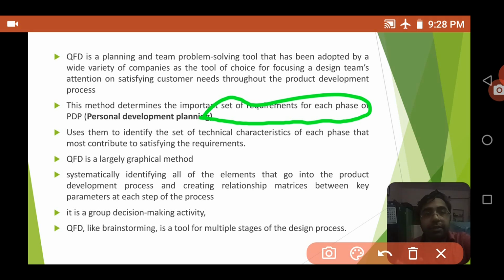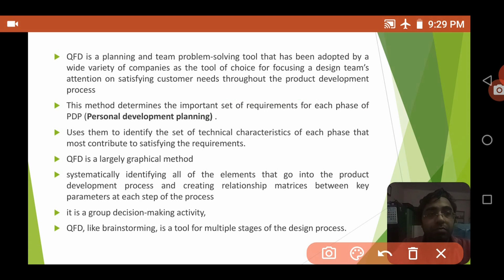And it is also a group decision making activity. QFD is just like brainstorming. As you know, what brainstorming is and the idea behind it, we already talked about in earlier videos. So QFD is like a brainstorming tool, with multiple stages in the design process.